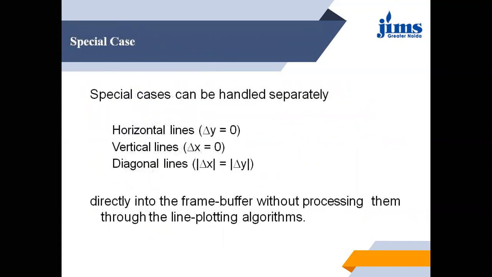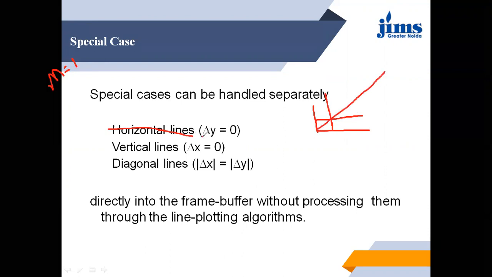As I was saying, we will discuss one more thing in this, the special case. Special case means when the value of m is equal to 1, or when we find a horizontal line, or a vertical line.